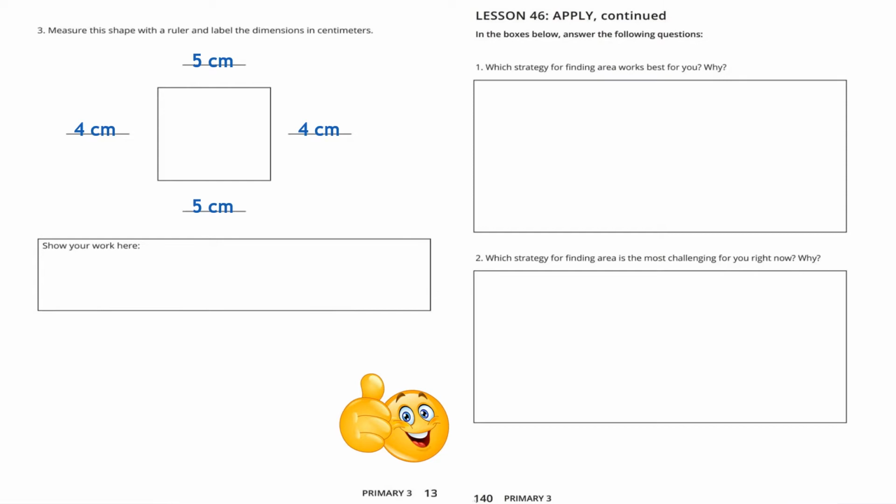We have 5 length and 4 width, so we don't have the same dimensions, or we don't have equal sides. This shape is called a rectangle. To find the area of a rectangle, we will multiply length times width equals 20. 5 times 4 equals 20 square centimeters. Don't forget, when we find the area, we write the unit square centimeter.